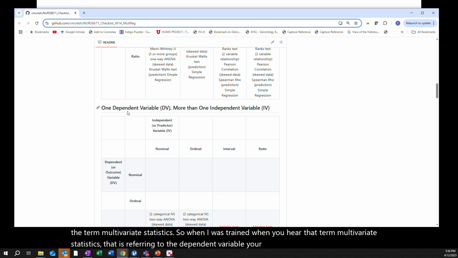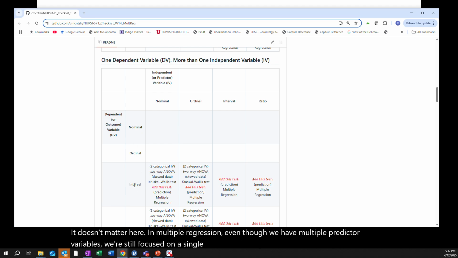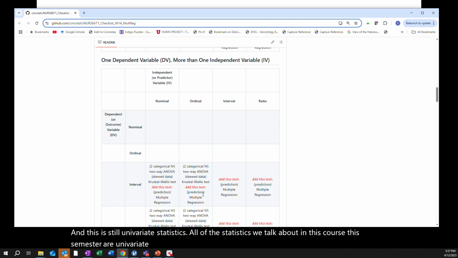And if you have a single variable as an outcome, that's univariate statistics. It doesn't matter here in multiple regression, even though we have multiple predictor variables, we're still focused on a single outcome. And this is still univariate statistics. All of the statistics we talk about in this course this semester are univariate statistics, even though in some of these tests we have multiple predictor variables.